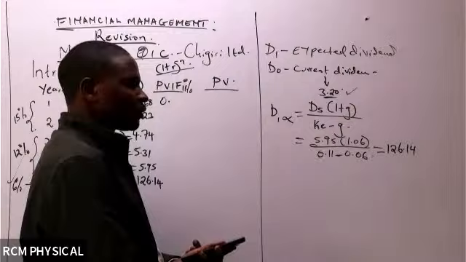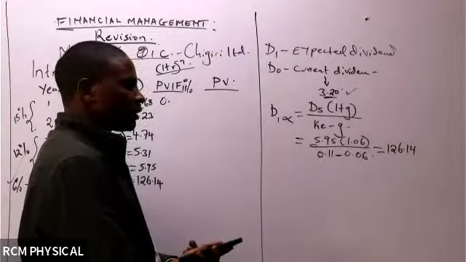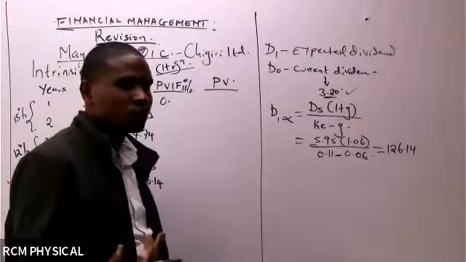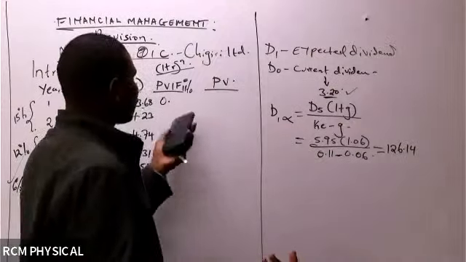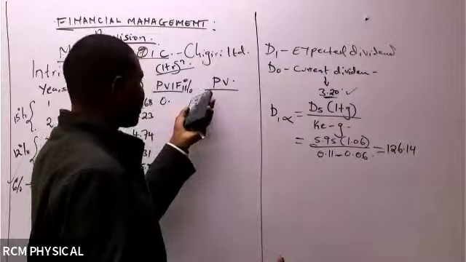Haya, tunangoja sana. I'm waiting for you to give me PV, 1 plus R. R is 11.